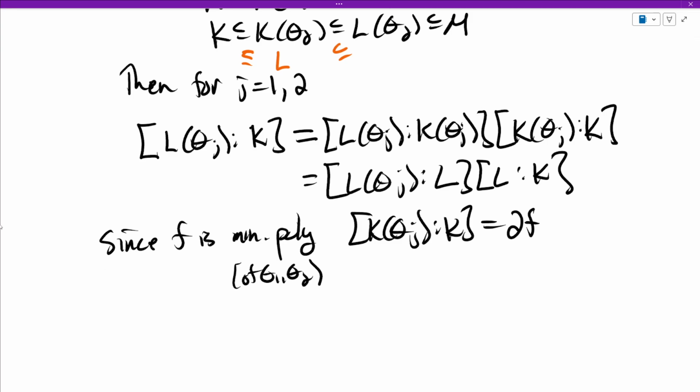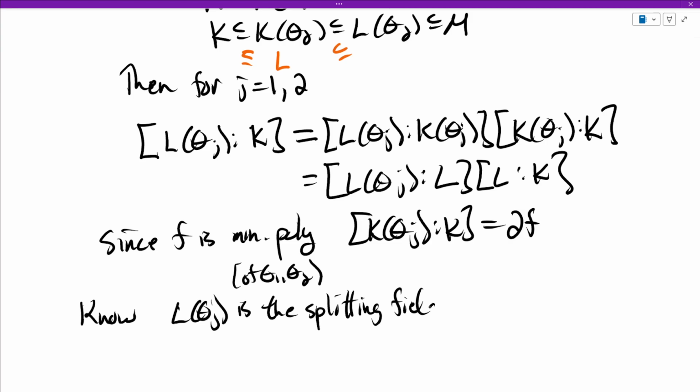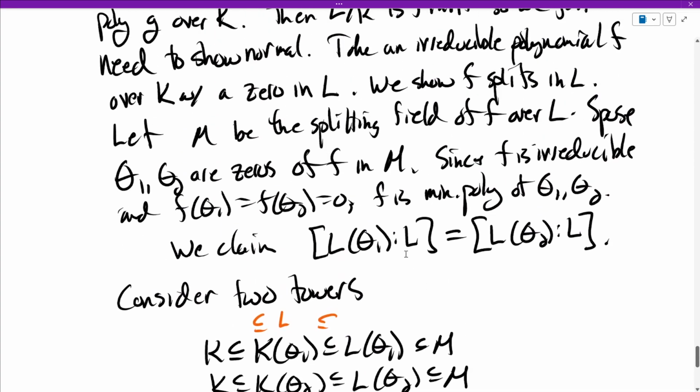All right, so now what? There's one more thing that we have to do here. These are the same for each j, but we also know that L of theta j is the splitting field of g over K of theta j. Now you might say, Bronson, I'm getting really confused, and that's fine. Let's go back and look here.